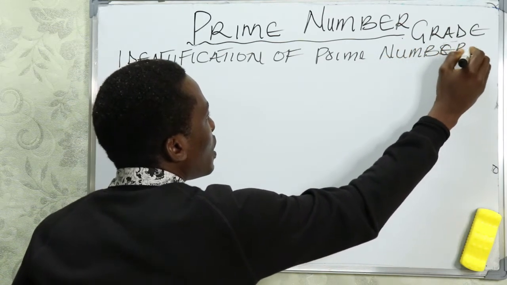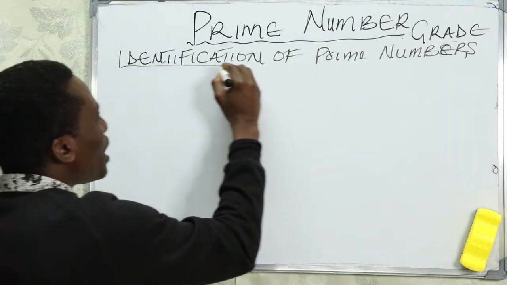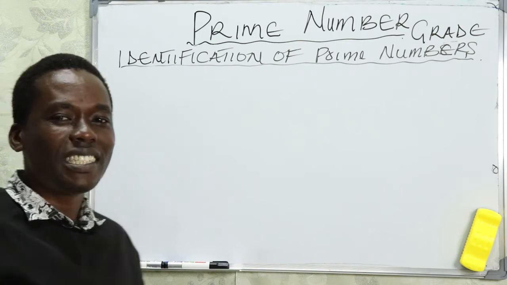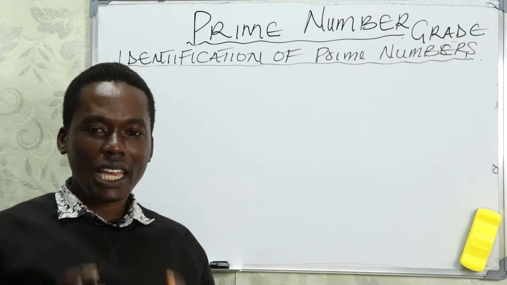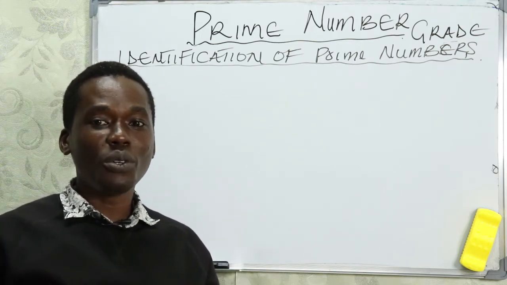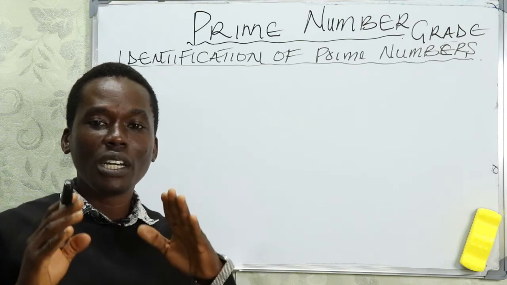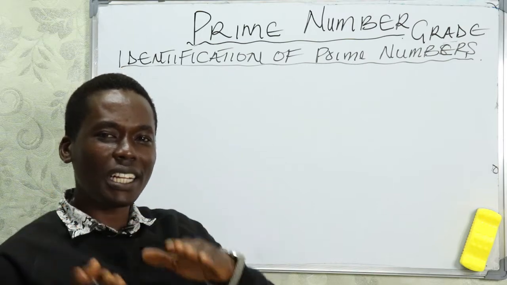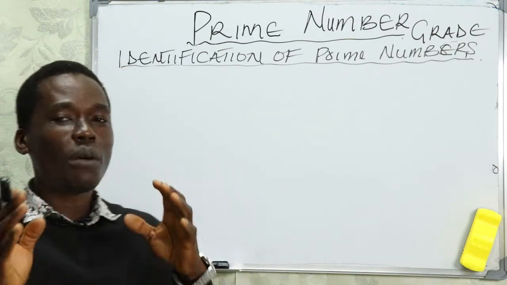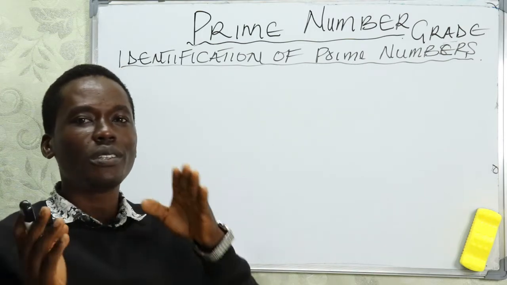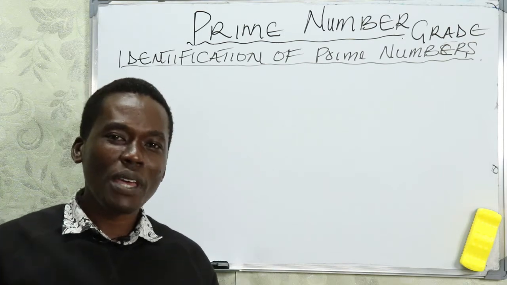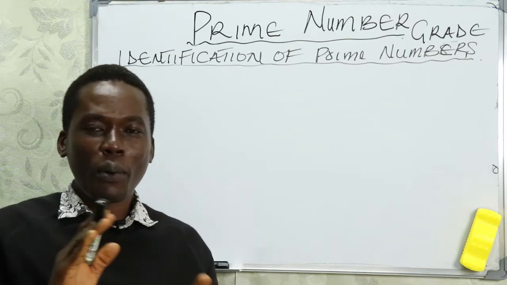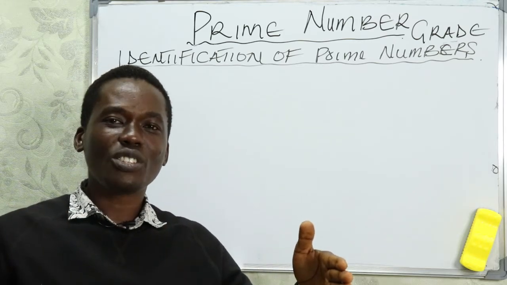How do we identify prime numbers? We are going to look at this under various headings, and I want you to take note of how we analyze this. After this method, I'm also going to teach you what we call the sieve method. Through that method, you can know which numbers are prime numbers in a given list of numbers.